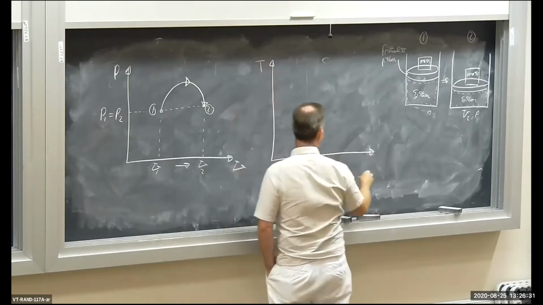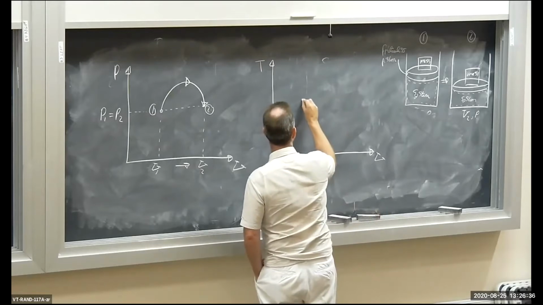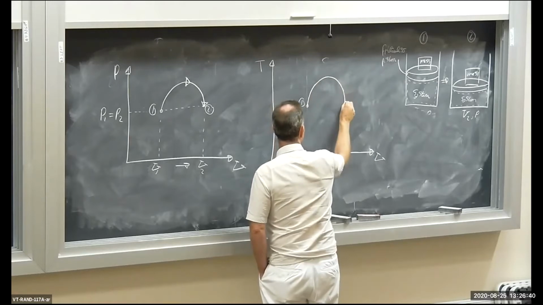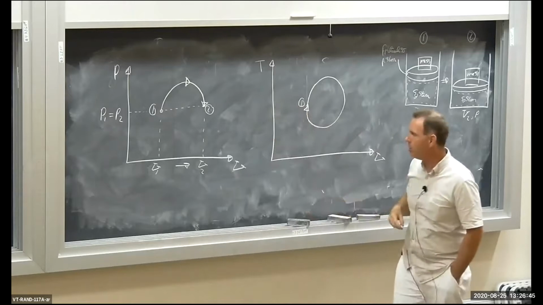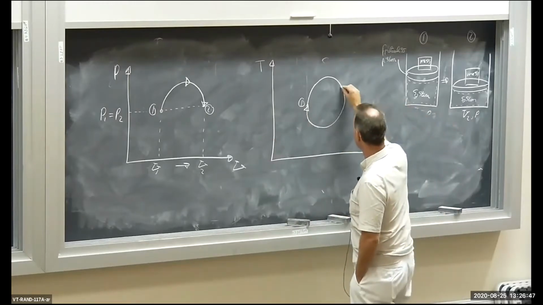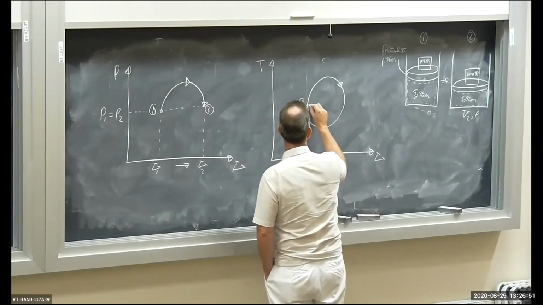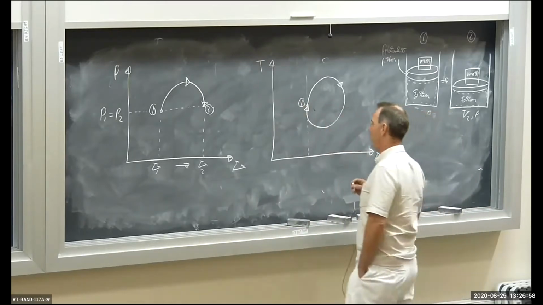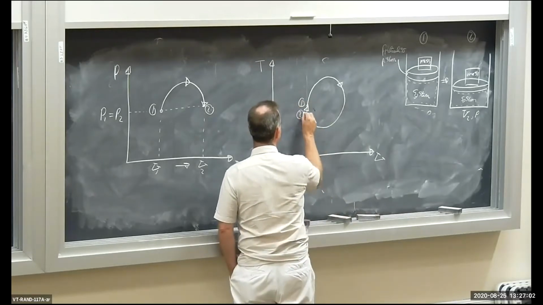Okay? Here's another one. Here's temperature and volume. State 1. Around in a circle. So I guess this is state 1 and it's state 2.